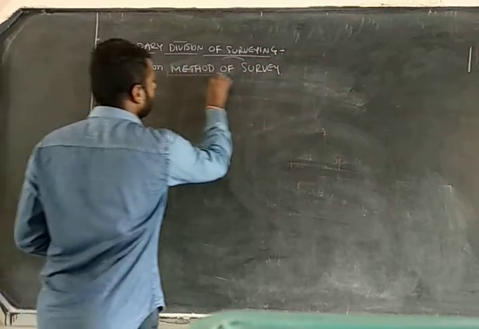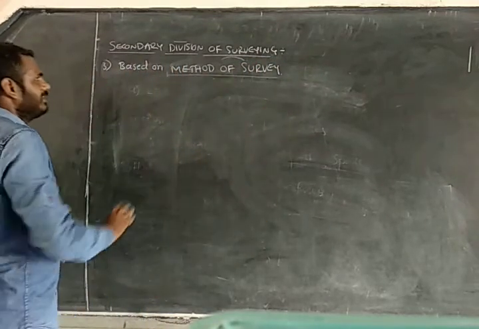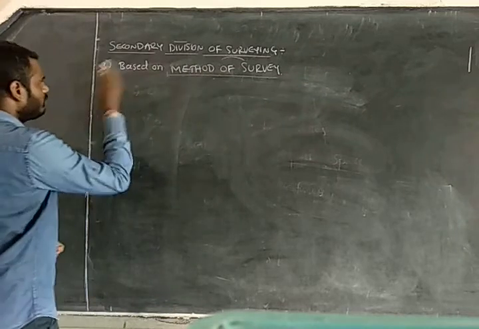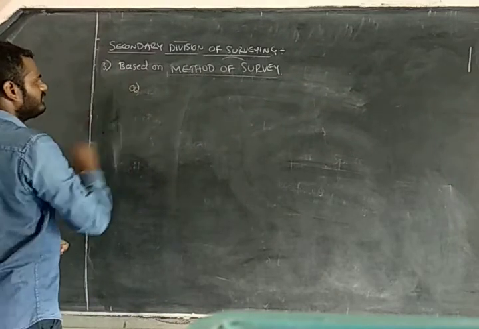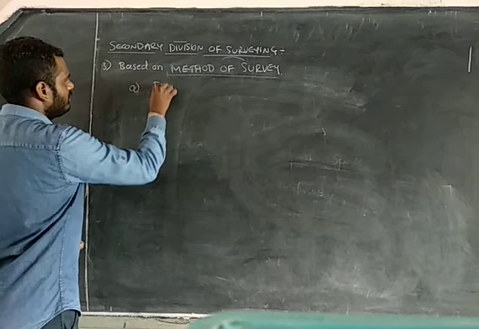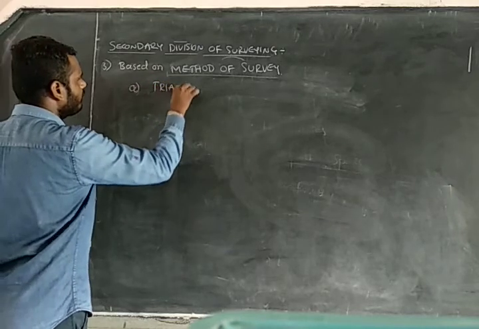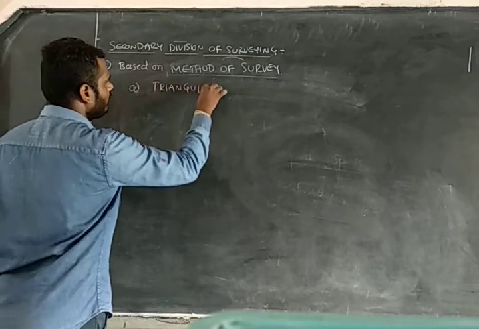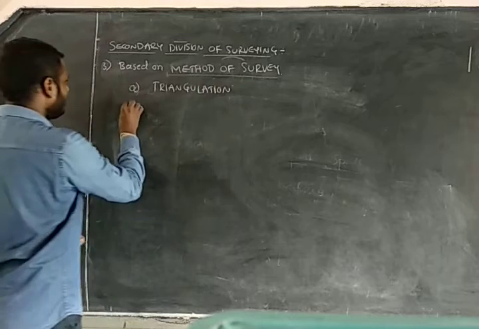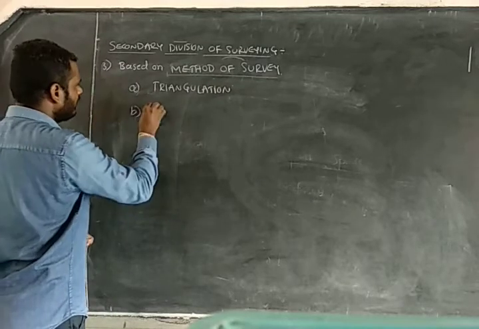Based on the method of survey, we have two classifications. The first one is triangulation and the second one is traversing.